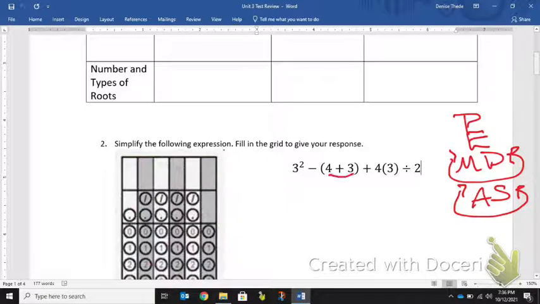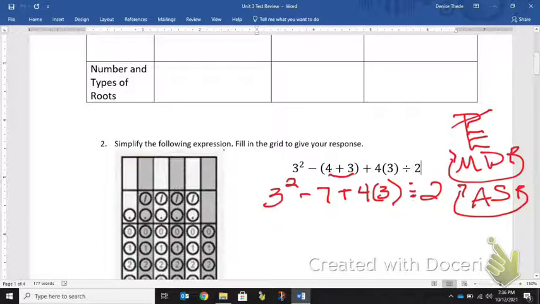So here I have 4 plus 3 is 7. I'm going to rewrite everything else just the same. One part of the problem per step. So I've taken care of my parentheses. Now I'll do my exponents.